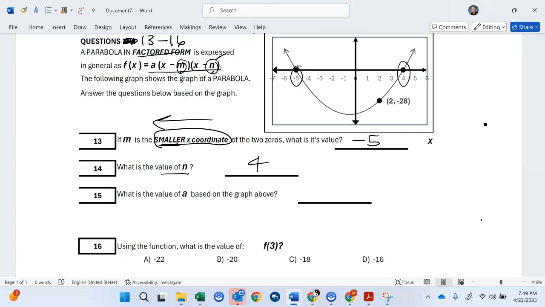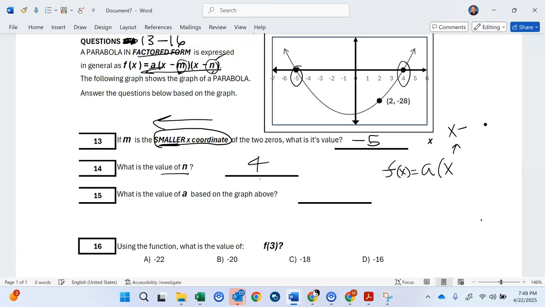So what is the value of a based upon the graph? Now we have to use these values to make an equation. So I'm going to use that form right there. f of x is equal to a, and then we go x minus what?